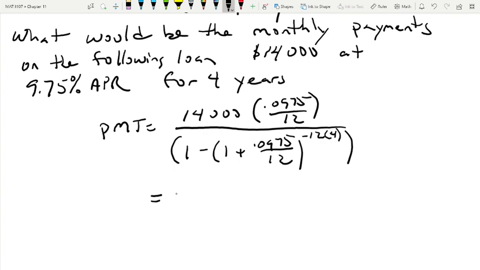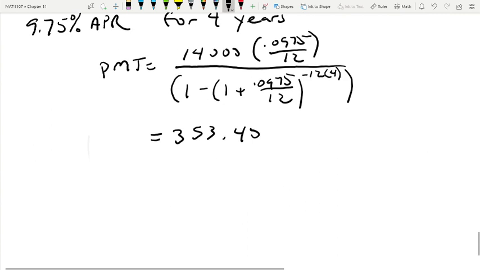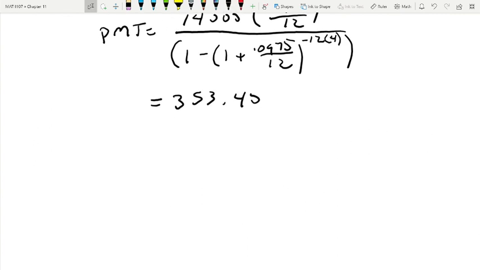And you plug that in, you find out the monthly payment for this would be $353.40. Okay. And so then we can figure out how much money you end up paying back on this loan. So how much is paid back?